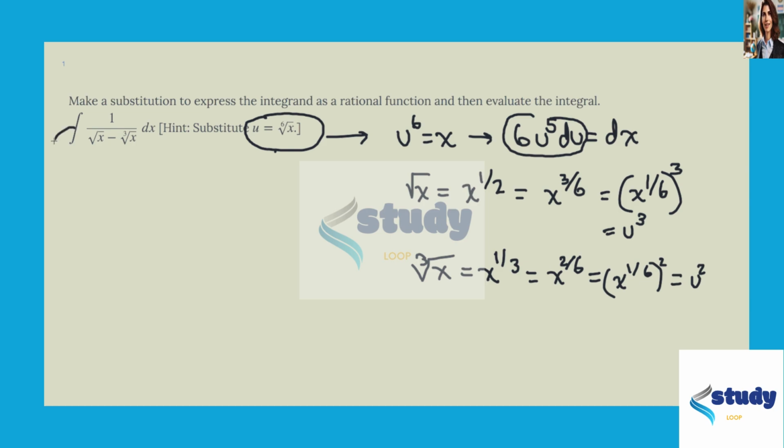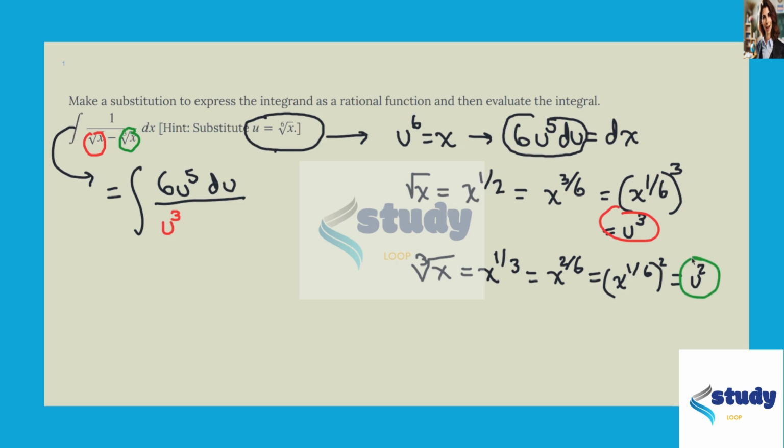So using these facts, we have on top just dx, that's 6u to the 5 du, and the bottom, root x, we found that to be u cubed, so there's our u cubed in the bottom, and then cube root of x, we found that to be u squared.